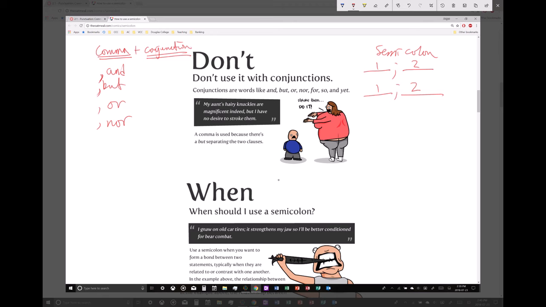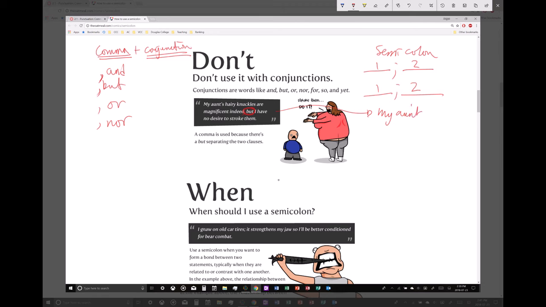Here is a sentence where you use the comma rule instead of the semicolon rule. My aunt's hairy knuckles are magnificent indeed, but I have no desire to stroke them. So here you're using a contrast conjunction like but. Now if you were to write this sentence with semicolon rules, it might look like this.